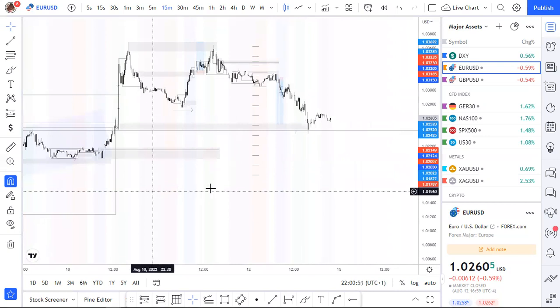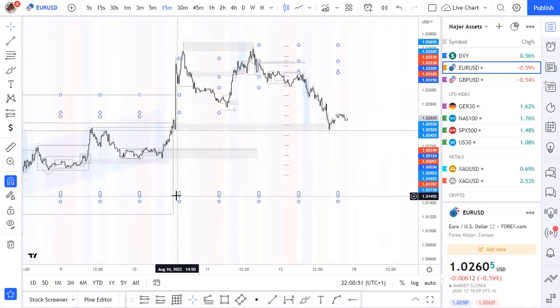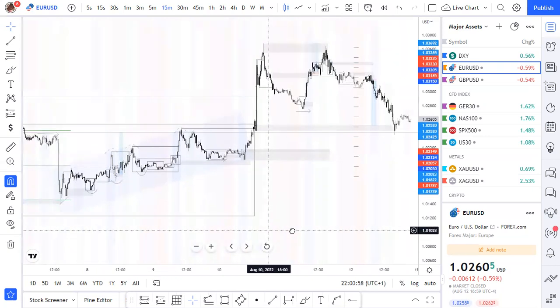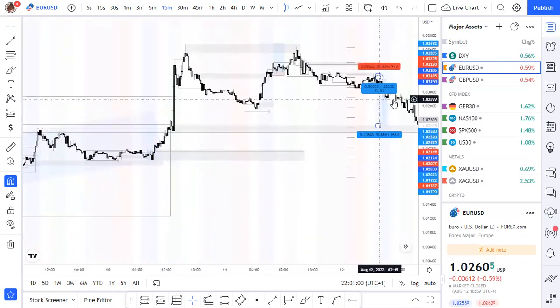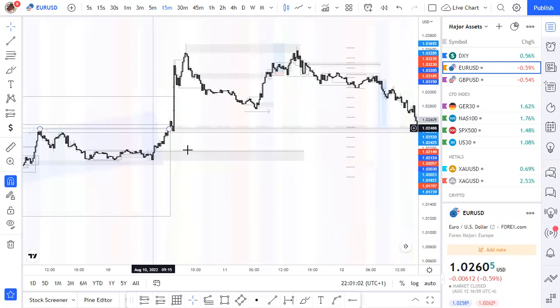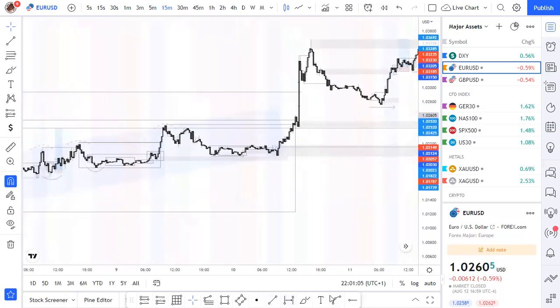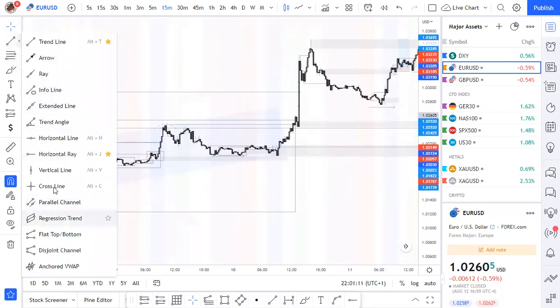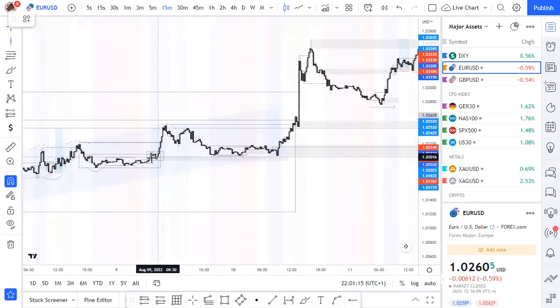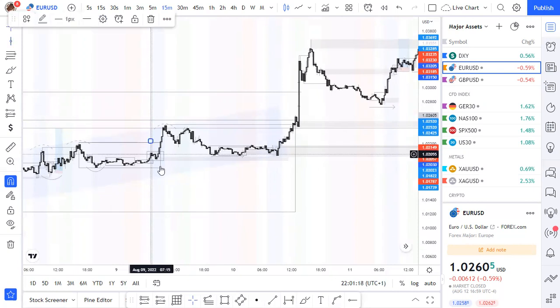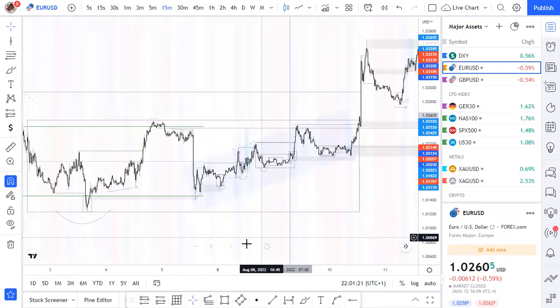So starting here on Wednesday, this is Friday, Thursday, Wednesday. So this London session, Friday.